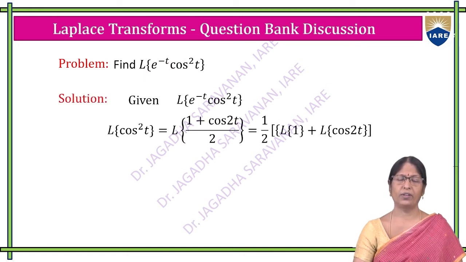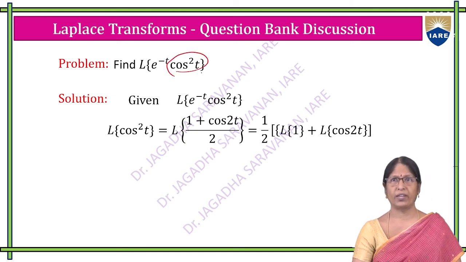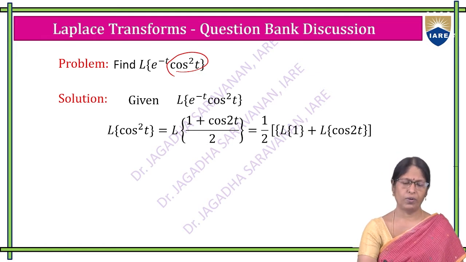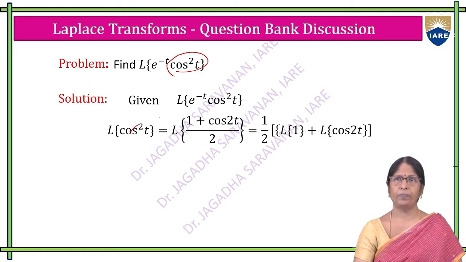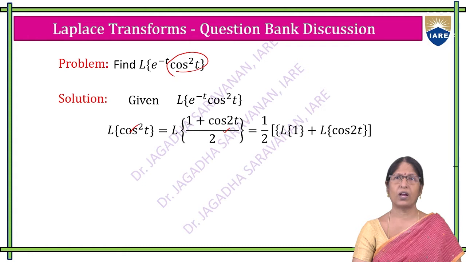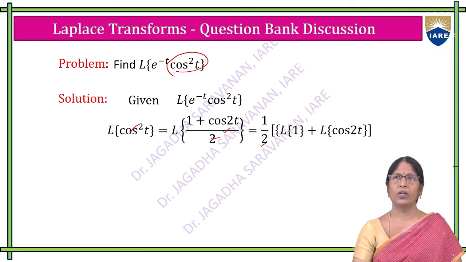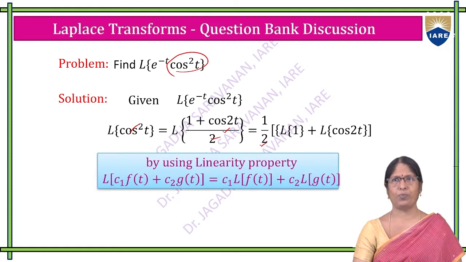First, this cos square we are taking. Cos square t is replaced by the corresponding trigonometric formula, 1 plus cos 2t divided by 2. This constant we have taken out using the linearity property.